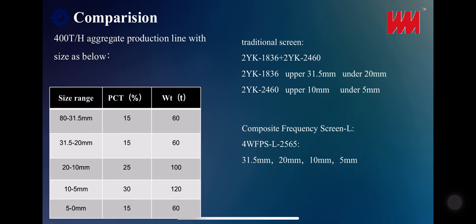One is 1836 and another is 2460 for the size level. If you use the new screen, you need only one. It is enough. The model is 2565 with 4 screen layers.